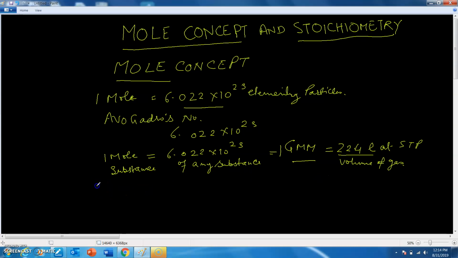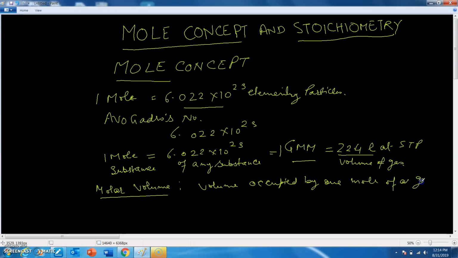Then next comes molar volume. Molar volume of a gas can be defined as the volume occupied by 1 mole of a gas at STP, that is standard temperature pressure.